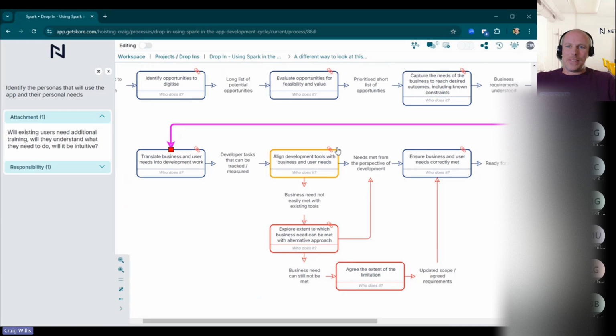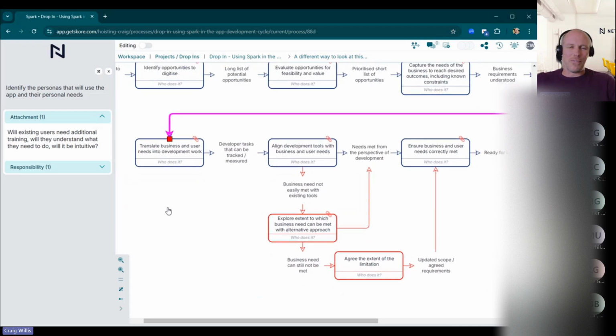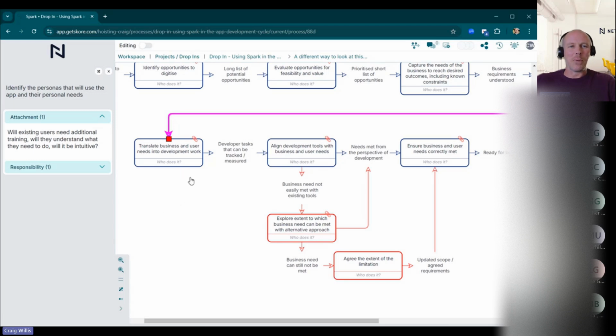Then what happens? We've understood the needs of the business and the users, and we've determined that it's feasible and valuable to do. This is where the development planning tends to come in. Those requirements that we've gathered, which are often still in a business-focused description, need to be translated into development work.